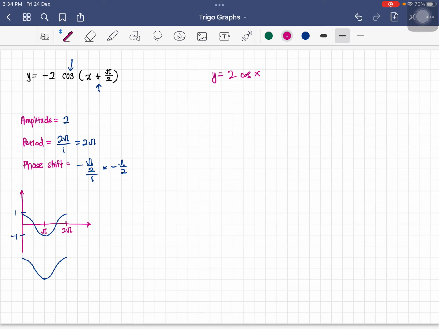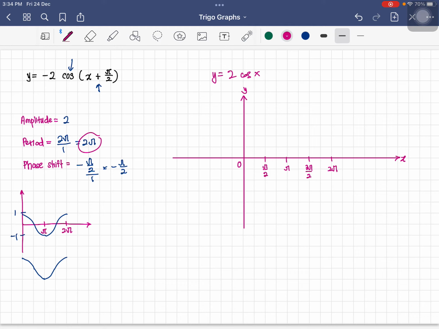I'll have the x-axis and y-axis. This is y and this is x. Please take note that my period is 2 pi, which means that my graph should be 0, pi over 2, pi, then 3 pi over 2, and 2 pi.